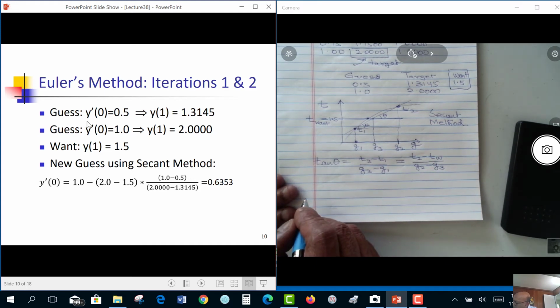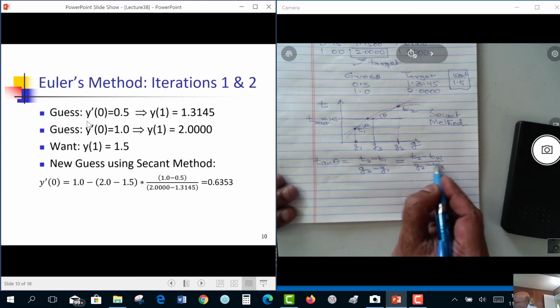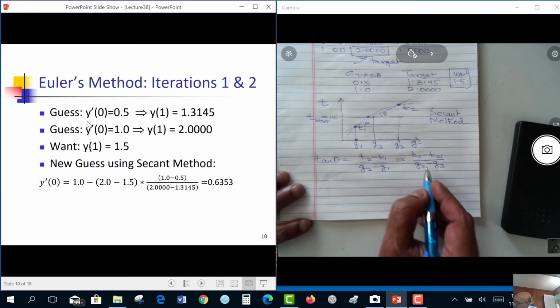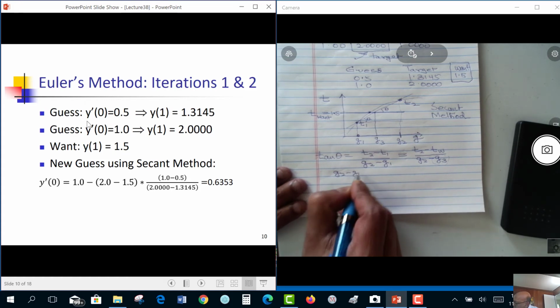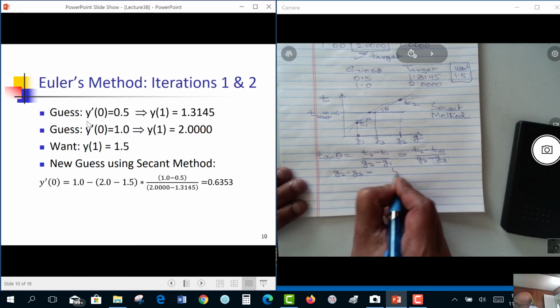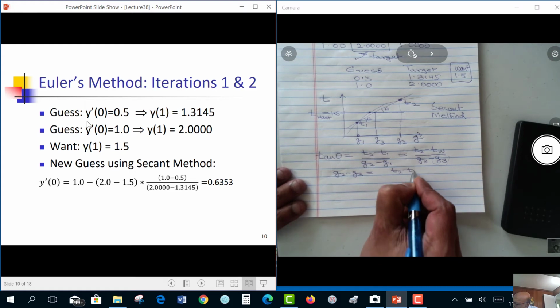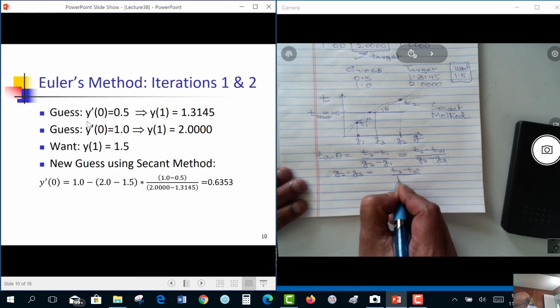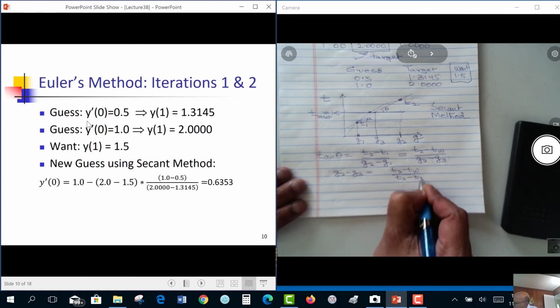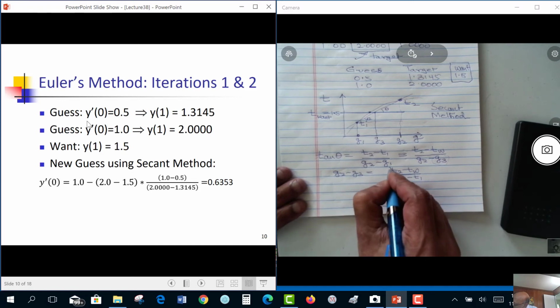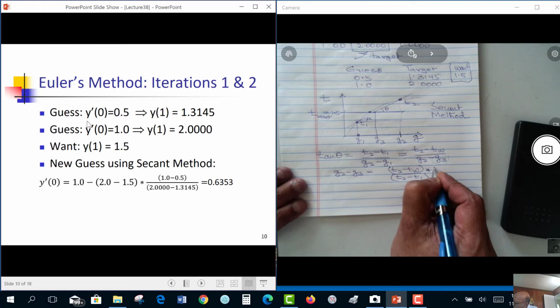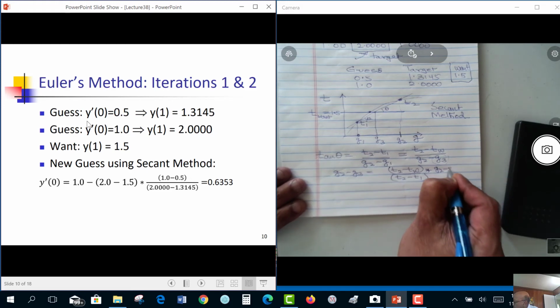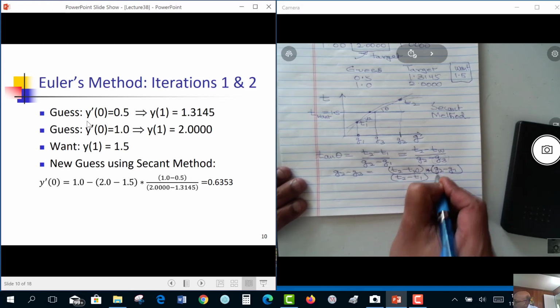Okay, so we want to get G3 out of it. So let's say G2 minus G3 is T2 minus TW over T2 minus T1 times G2 minus G1, right?